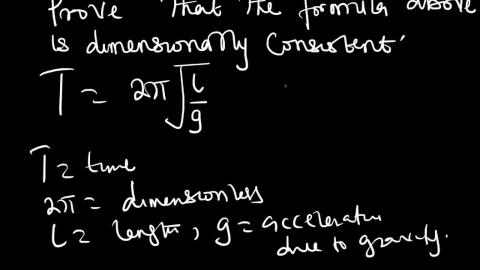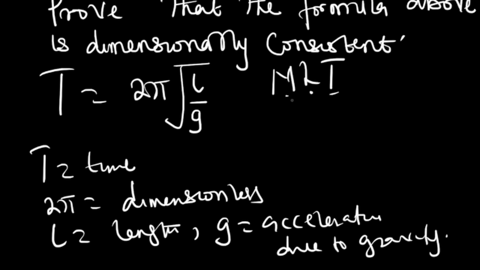Now, using the MLT system, remember that we have 7 fundamental quantities, but when it comes to dimensional analysis at our level, we use MLT, which represents mass, length, and time.